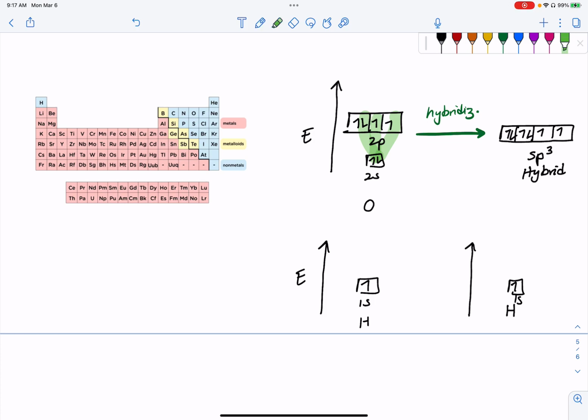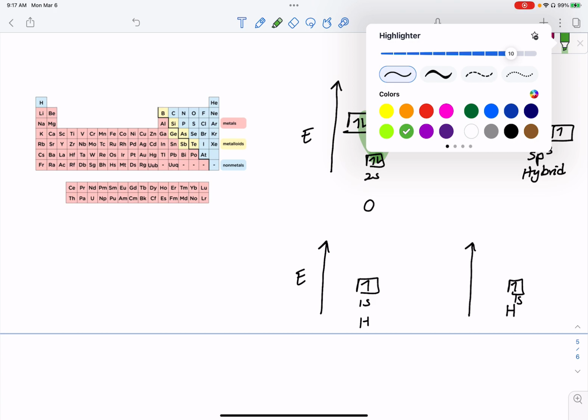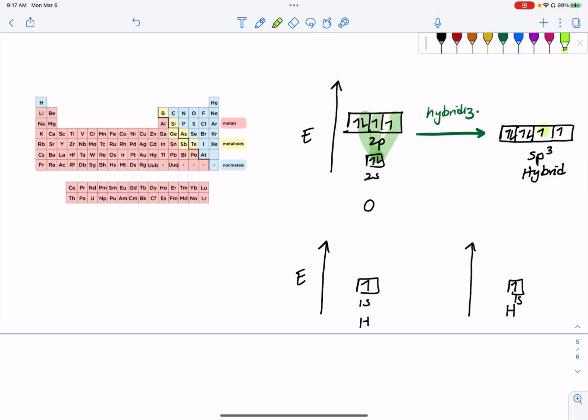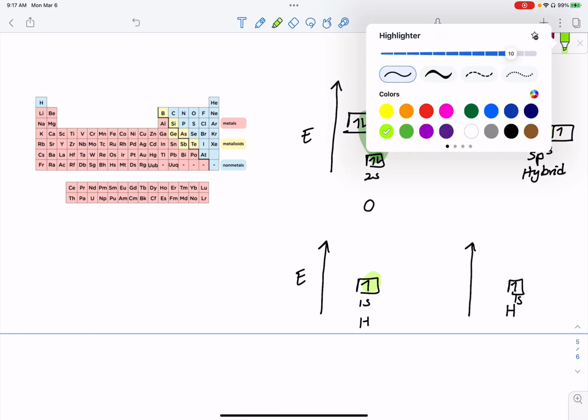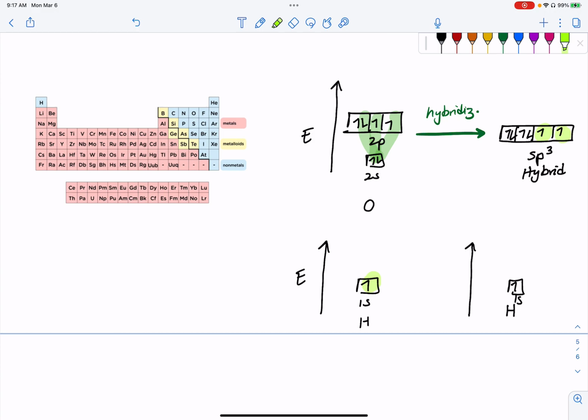Now I see the opportunity here to have a bond formed by these half-filled orbital overlaps with the hydrogen and oxygen from the sp3 hybrid orbital. And here I see this opportunity as well, so I can form a bond to my other hydrogen atom.